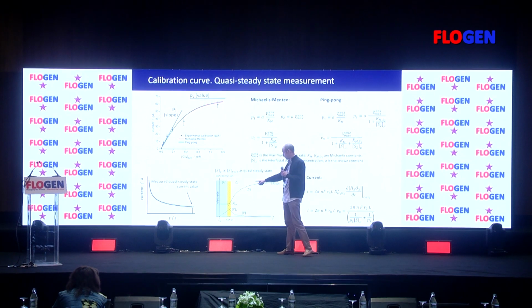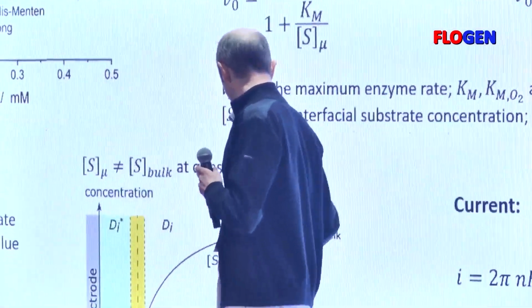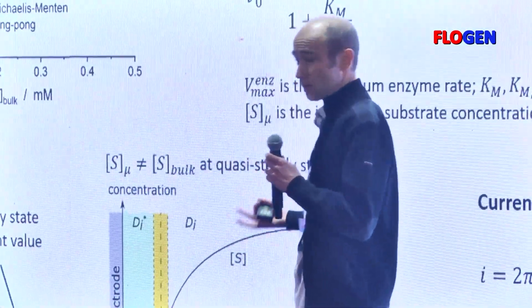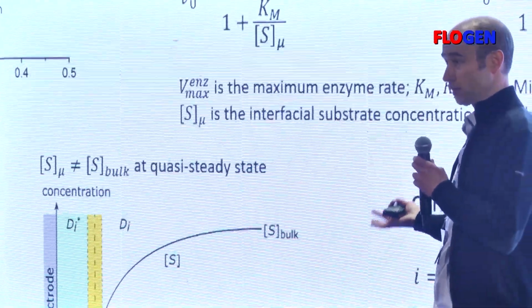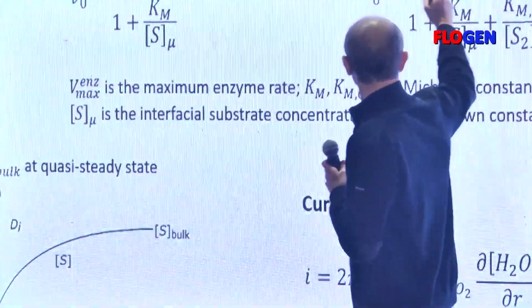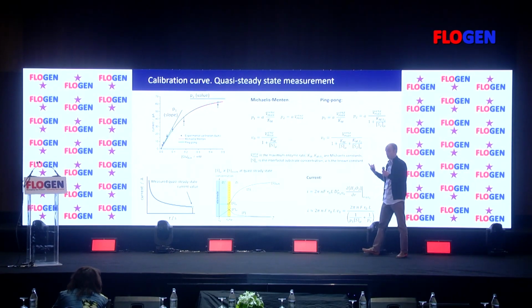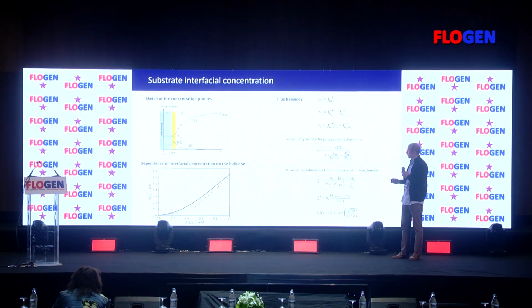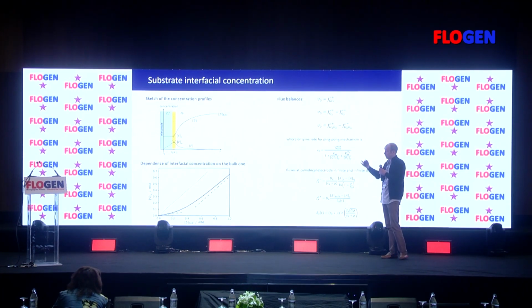In this case, if we look at this kind of cartoon, we see that when the diffusion layer is developed, the bulk concentration is very different from the interfacial concentration. And since we are in electrochemistry, it is the interfacial concentration which defines the current we measure. That's why in all the parameters now which we have here, it is the interfacial concentration which is involved and not the bulk concentration anymore. To deal with this issue, we can write the flux balances in the vicinity of the interface, and then we can solve this either analytically or numerically.